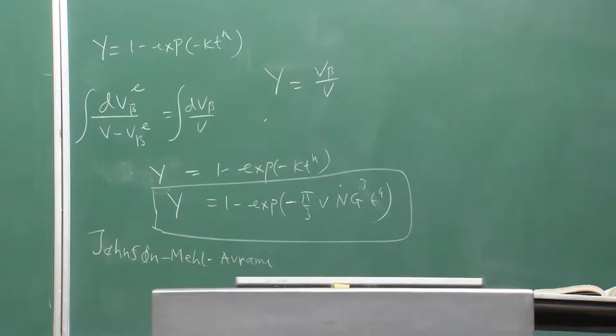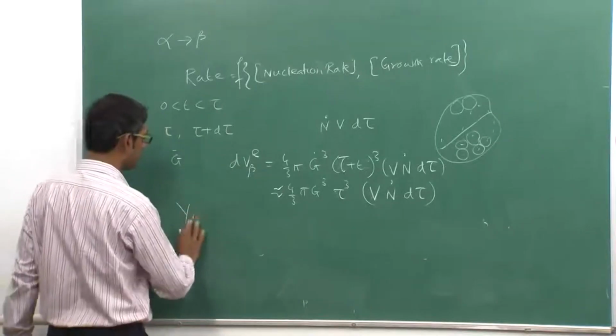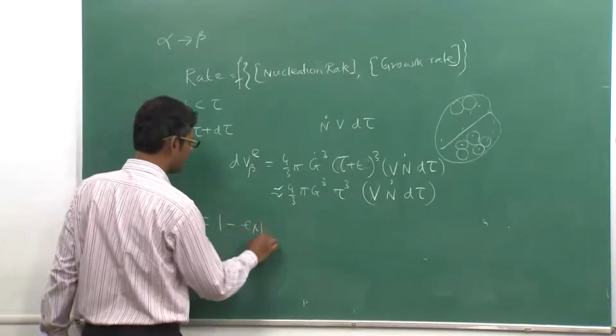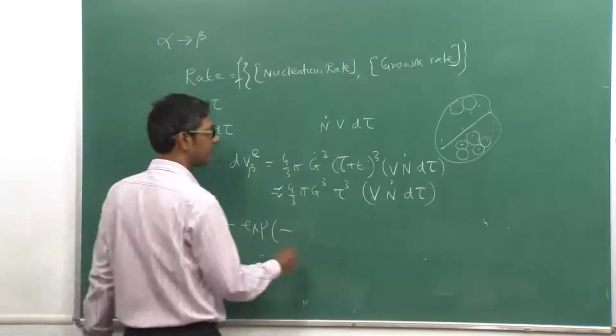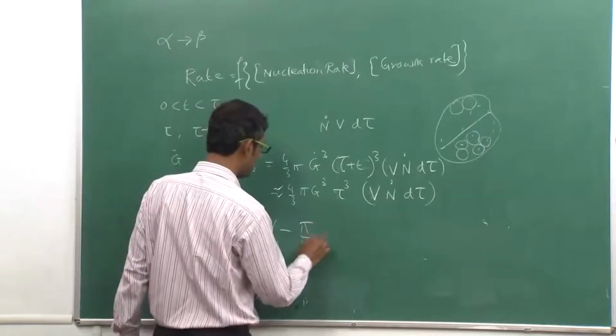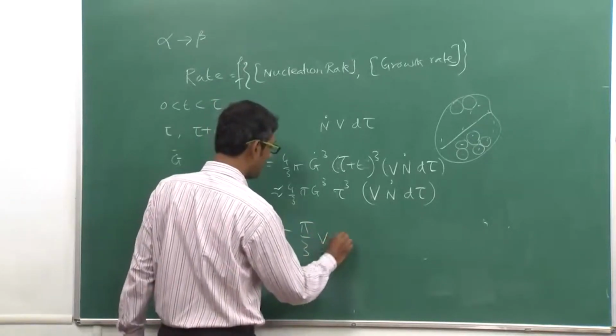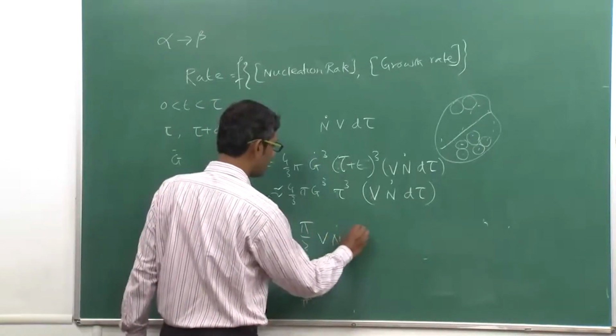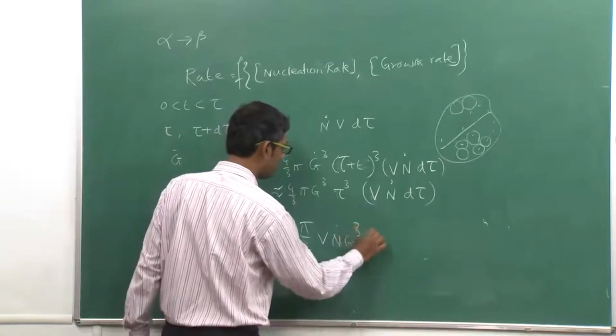I'll write it here because we cannot see it properly. So y is 1 minus exponential minus pi by 3 V n dot G dot Q t to the power 4.